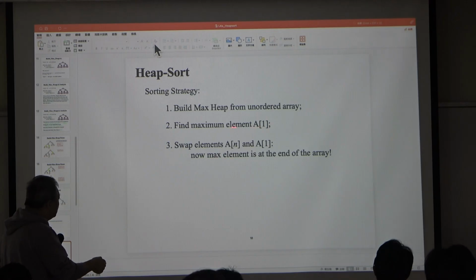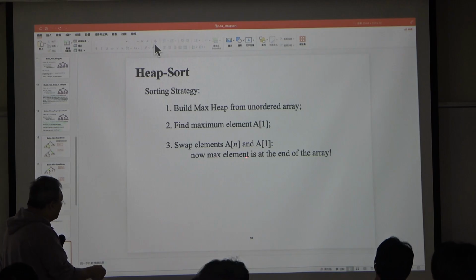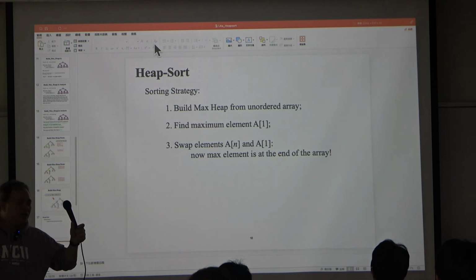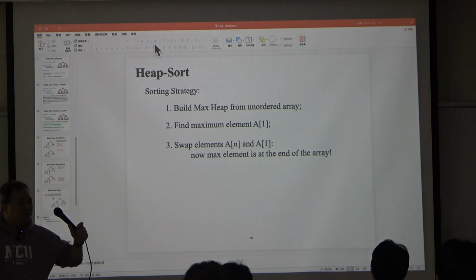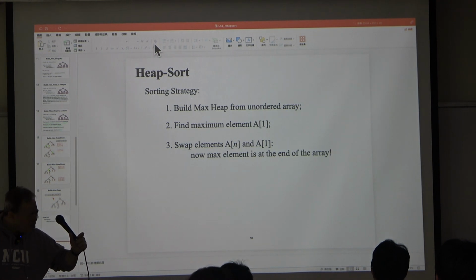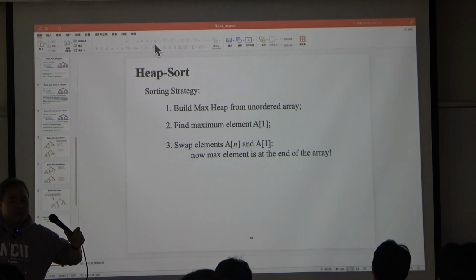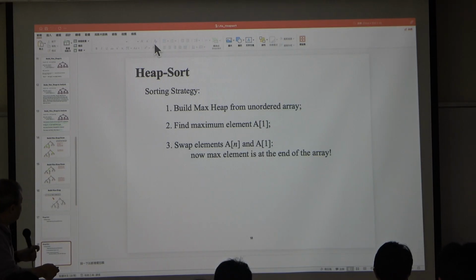So we put the largest element at index n, and now the max element is at the end of the array, and then we consider the size of the heap to be n minus 1. Okay, we disregard the last element because the last element has been sorted, right?